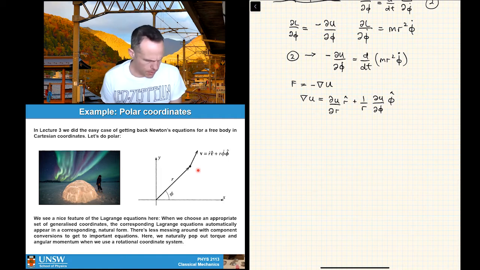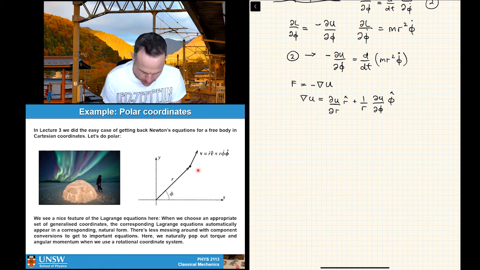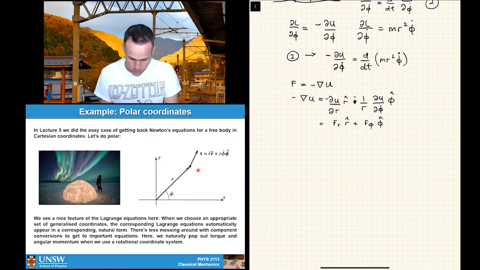But the important thing in here is you can write this thing basically as something that looks a little bit like, if you put a minus sign here, there'll be a minus here and a minus here, and this would be F_r r hat plus F_φ φ hat. And so you can basically connect these things together, right?